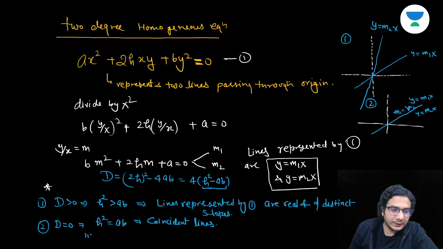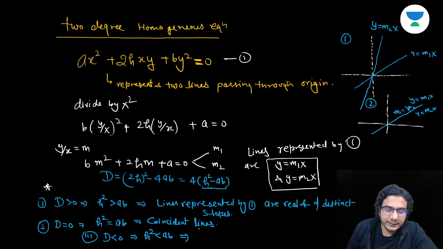Now the third case is when discriminant is less than 0. This means h square is less than ab, and this means lines represented by 1 will be of imaginary slopes, but we will call them lines only. Lines of imaginary slopes and passing through origin, but they both will pass through origin.